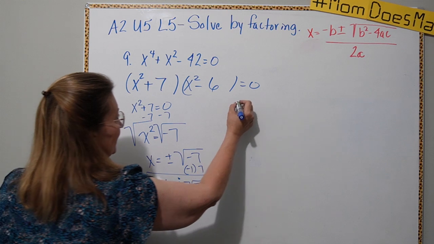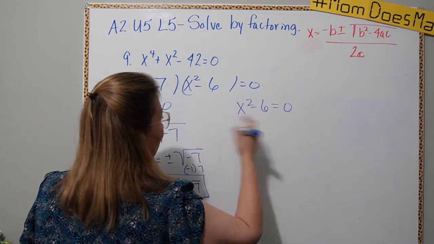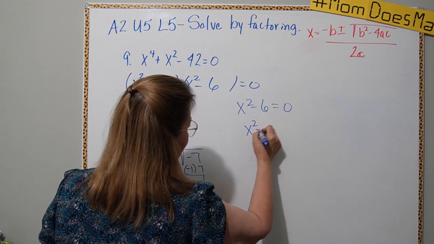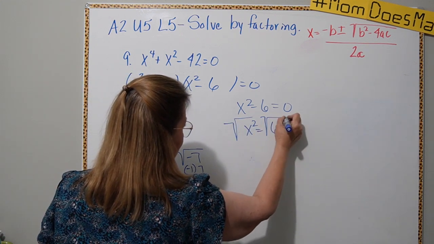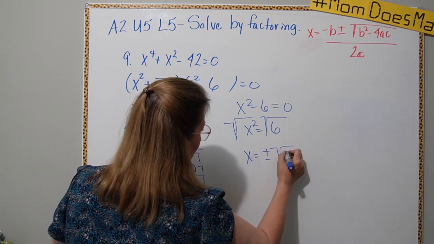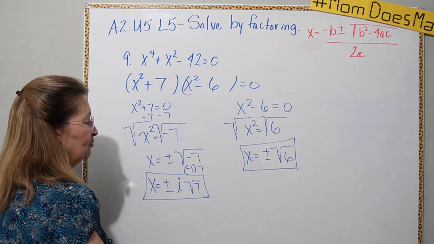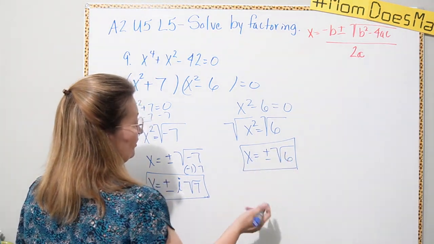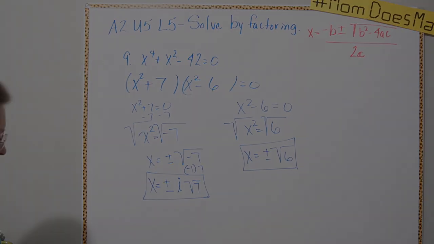Now if I take x squared minus 6 equals 0, and I add 6 to each side, and I take the square root of each side, this will be x is equal to plus or minus square root of 6. There's no negative under there, so there's no need to simplify, and there's no perfect square in 6, so it won't break down. Okay, and that's all.